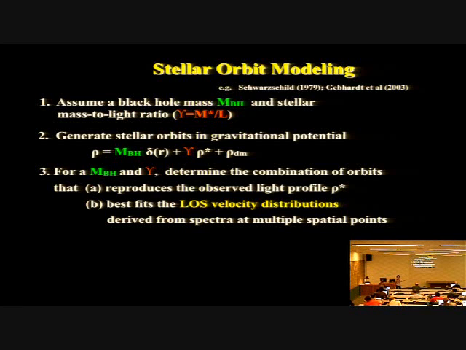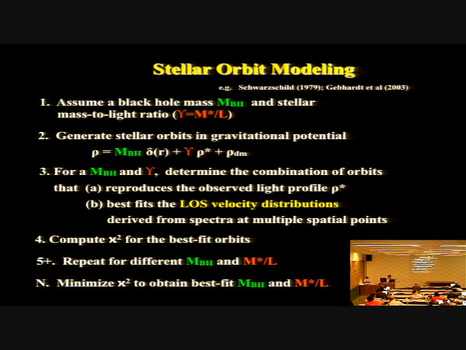And then, very importantly, you will allow whatever superposition of all the orbits you have for the stars to reproduce the observed light profile. So these are applied as constraints to find out the best set of orbits that will reproduce the data. Then we repeat this process for a grid in this two-dimensional space, and we find the chi-square contours.